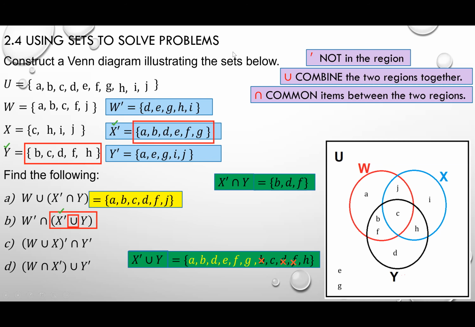Whatever is inside my parenthesis is the item I'm looking at.